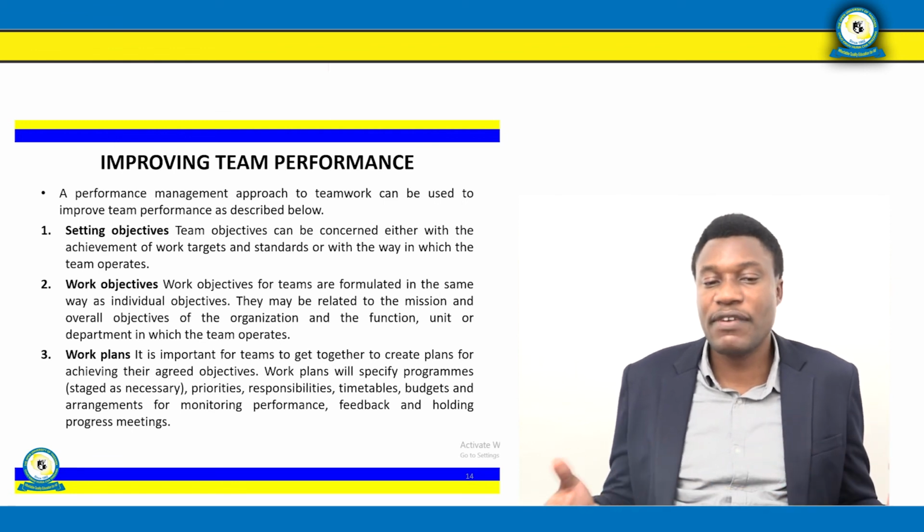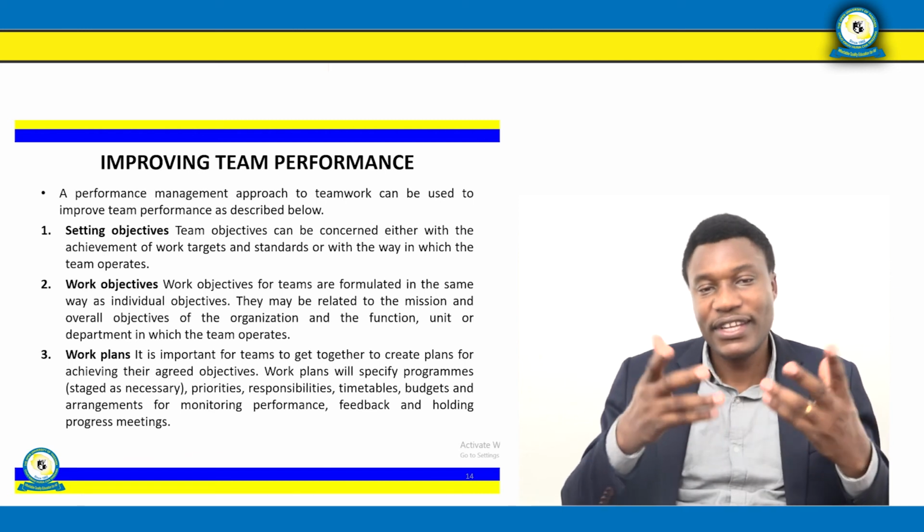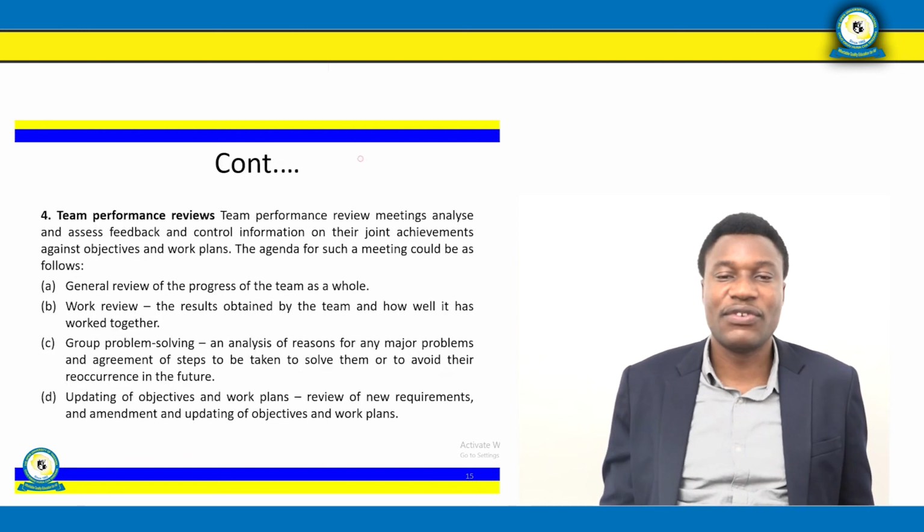Work plans will specify programs, stages as necessary, priorities, responsibilities, timetables, budgets, arrangements for monitoring performance, feedback, work in progress, and also deadlines of the activities that we have planned.